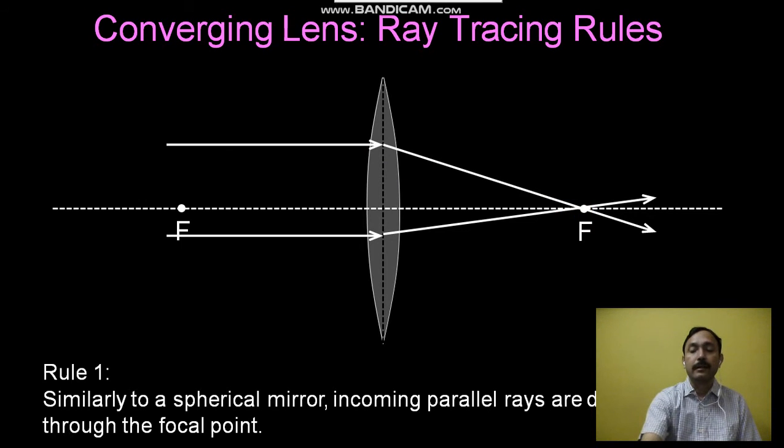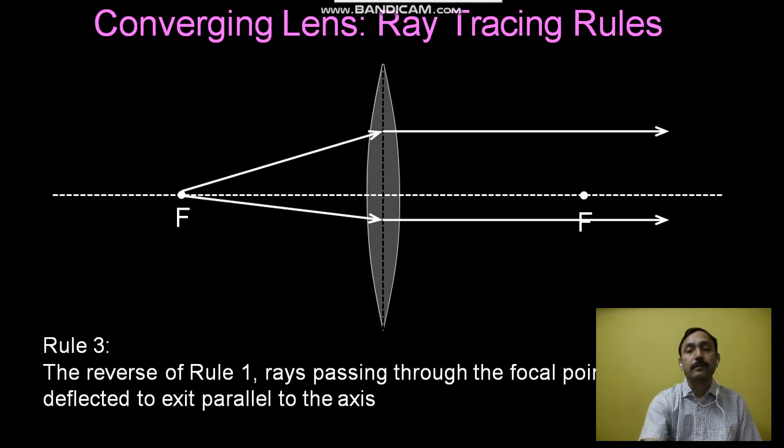Here, in rule 3, when rays passing through the focal point fall onto the biconvex lens, then after deflection, the emergent rays from the biconvex lens will be parallel to the principal axis.